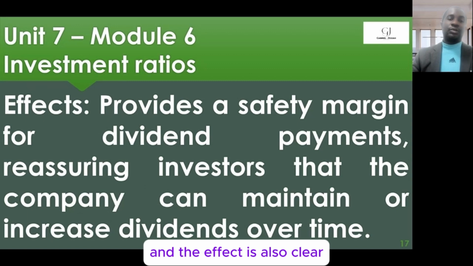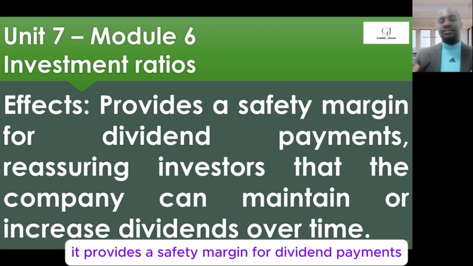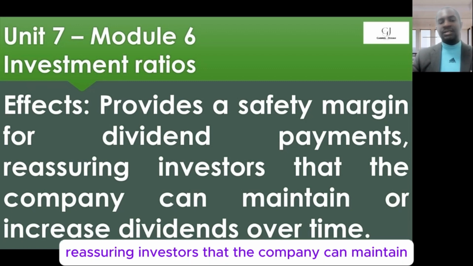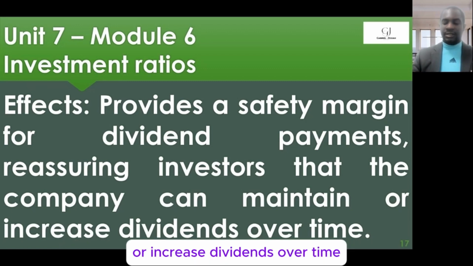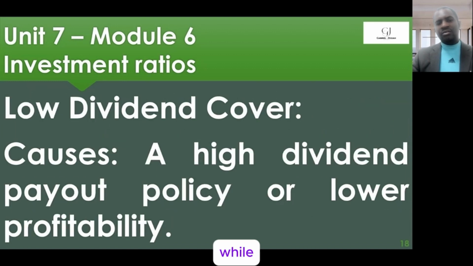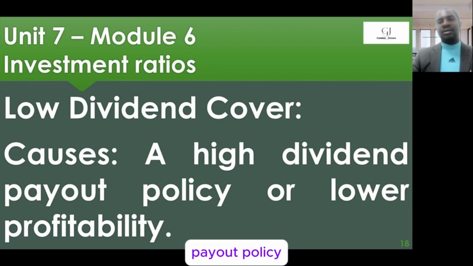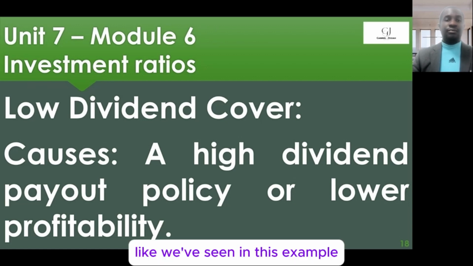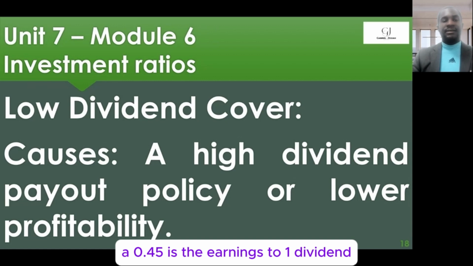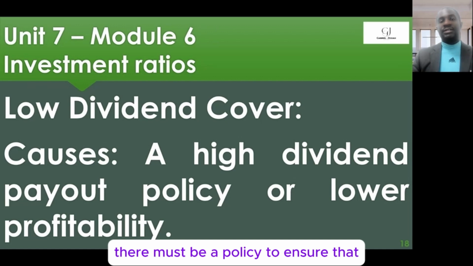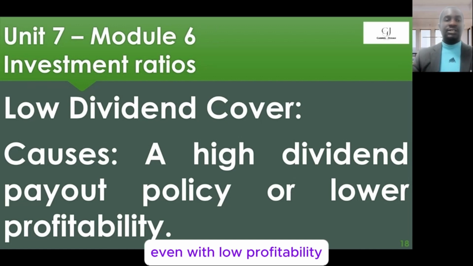And the effect is also clear. It provides a safety margin for dividend payments, reassuring investors that the company can maintain or increase dividends over time. While a low dividend cover is caused by a high dividend payout policy, like we've seen in this example, 0.45 of earnings to 1 of dividend, there must be a policy to ensure that even with low profitability, dividend must be paid.